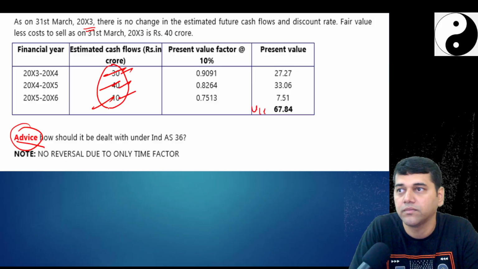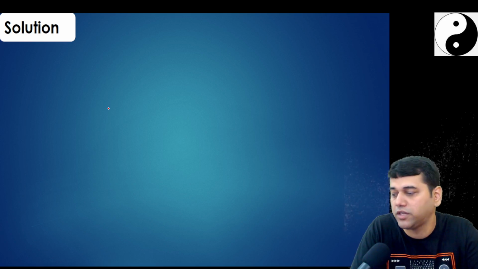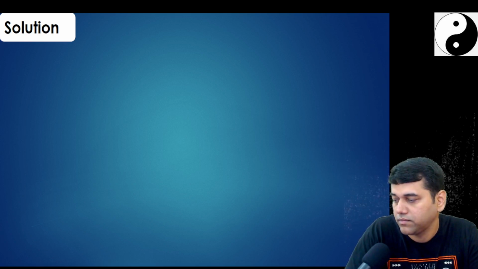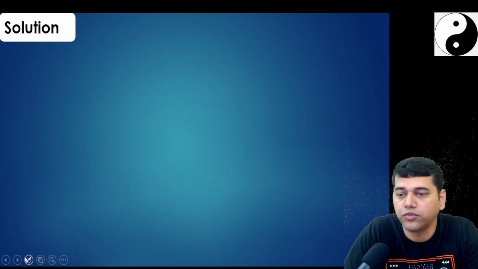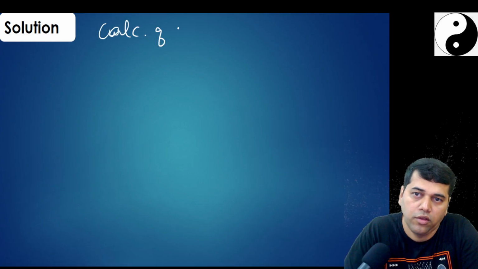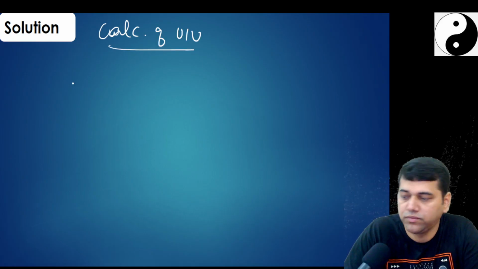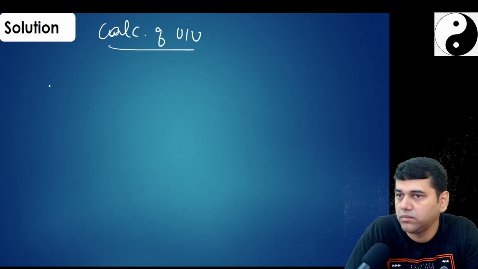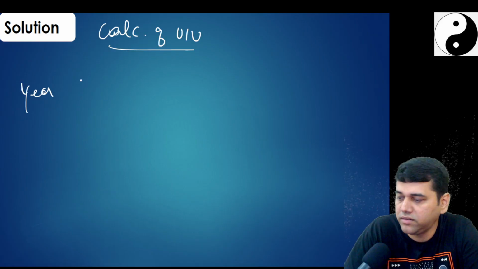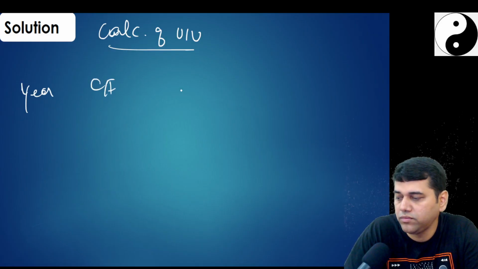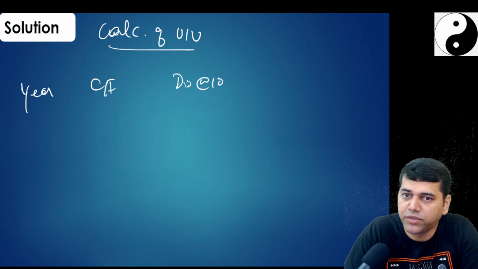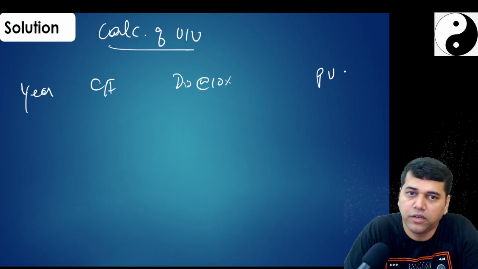Right. First, working note number 1, calculation of value in use. Write the heading here: cash flow, discount at 10%, present value of cash flow.